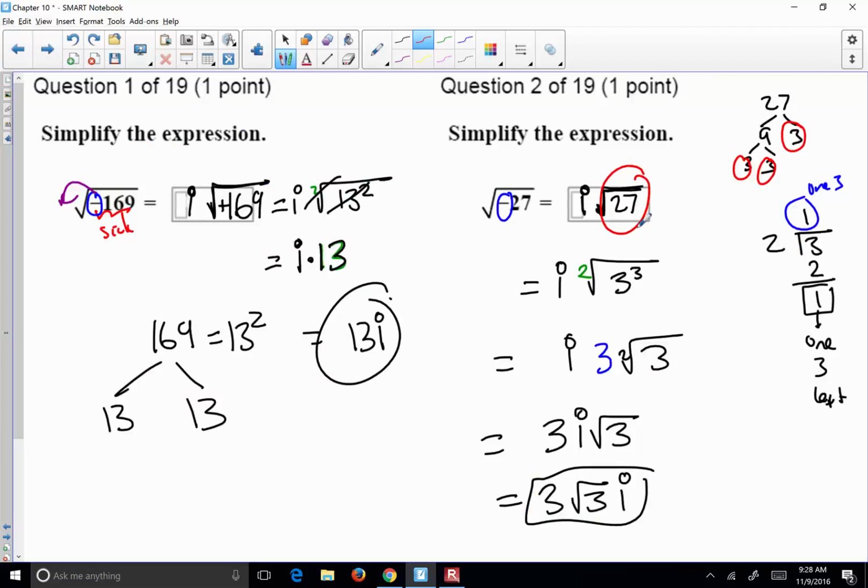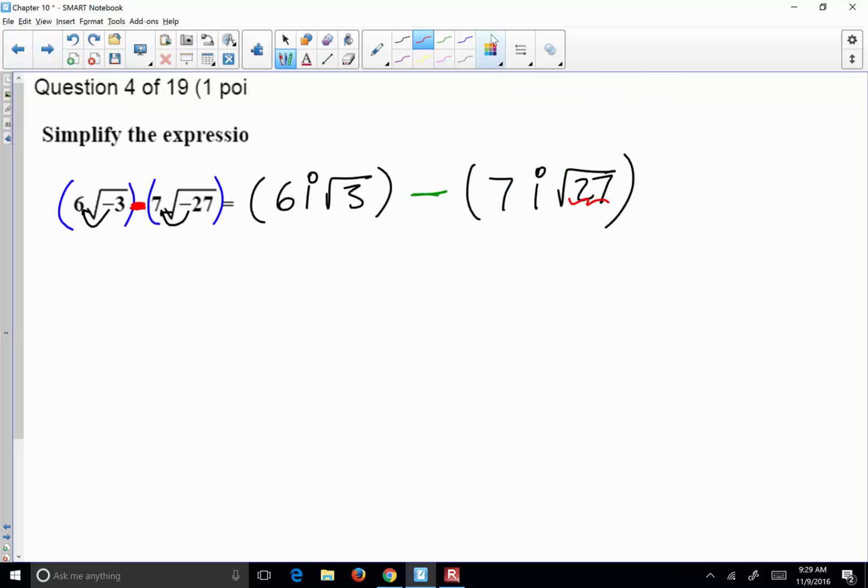What did it turn into? 3 square root 3. Just look at this solution again if you want. But this thing is 3 root 3. Okay? 6I root 3 minus.